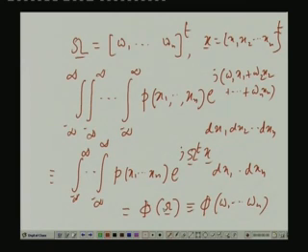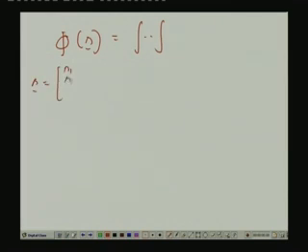And like before, earlier we had something called the moment generating function, which was phi of s. Here also we can have a moment generating function phi of s. Okay. Where s is a vector consisting of the elements S1, S2, dot dot dot, Sn, S1 associated with X1, S2 associated with X2, and so on.